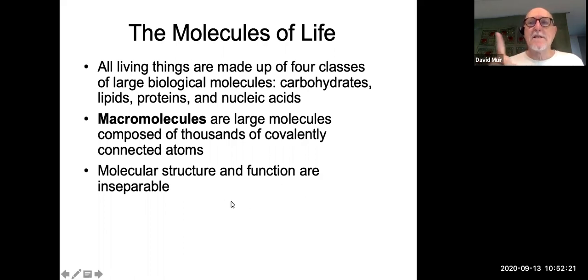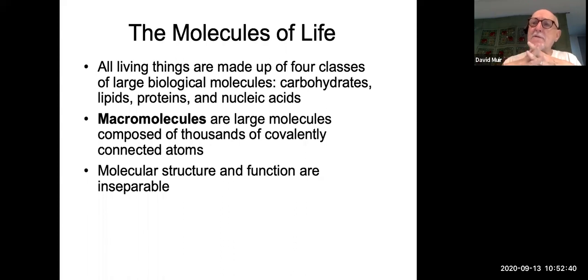One thing I want to emphasize is that the function of any molecule is intimately connected with its molecular structure. I mean, it should be self-evident, really, but it bears emphasizing. Molecular structure and function are inseparable.